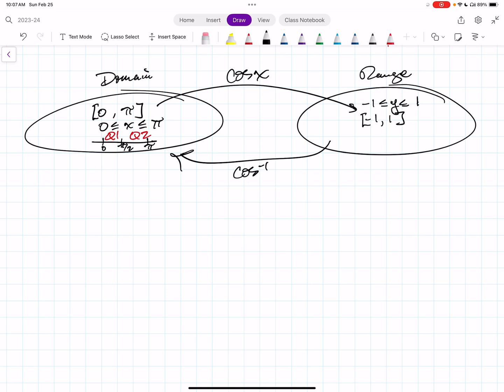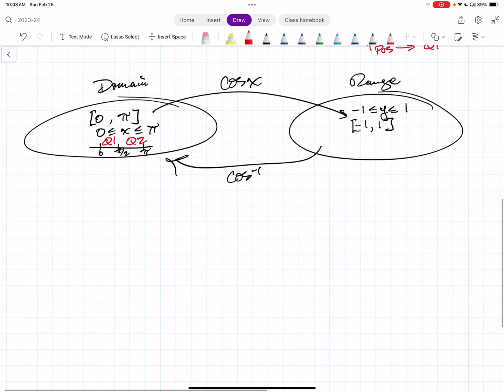So let me illustrate. Let's say that we have an angle, 45 degrees, where we want to take the cosine of 45 degrees. We know that the cosine of 45 degrees is rad 2 over 2. So rad 2 over 2 lives in here.